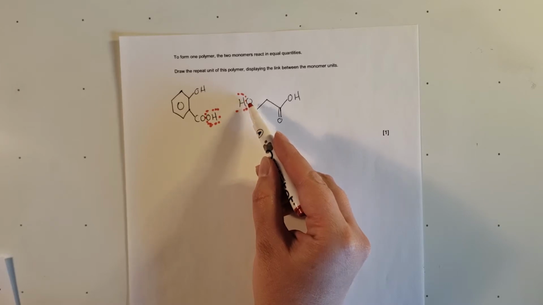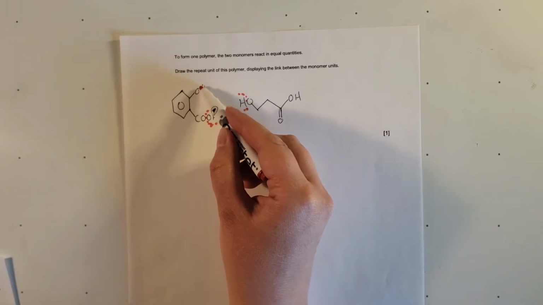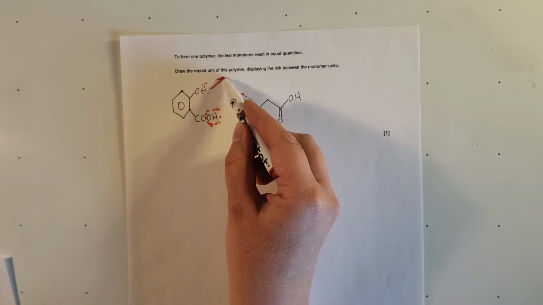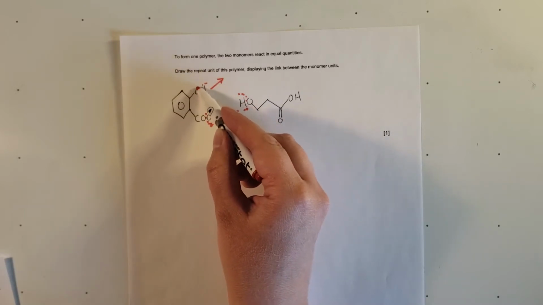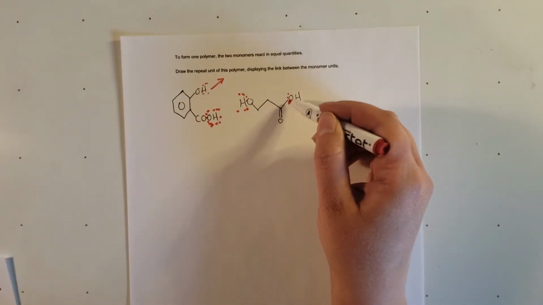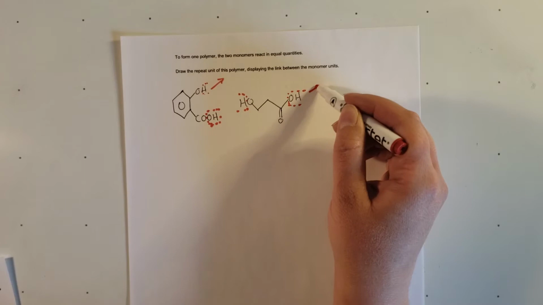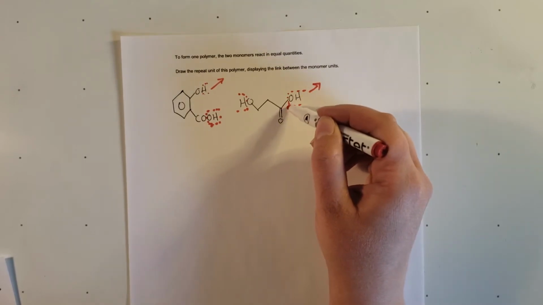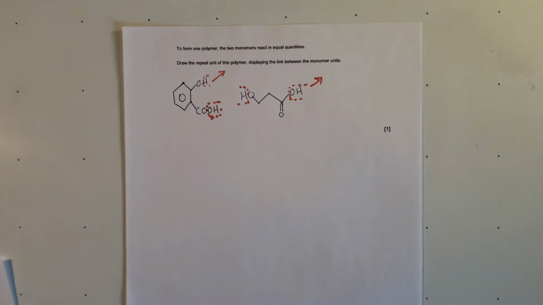Which means that hydrogen will leave and we'll have our chain continuing with that oxygen there. And on this side, this OH will leave and we'll have our chain continuing with this carbon there. So let's draw that out.